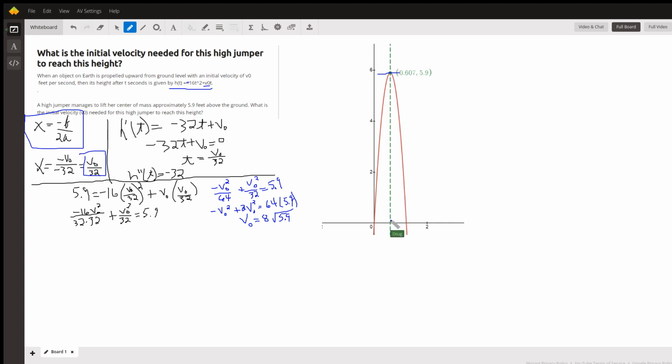And if we plug that number into the original function, we'll have an equation that will let us find out the value of v sub 0 that will give us this high point of 5.9.